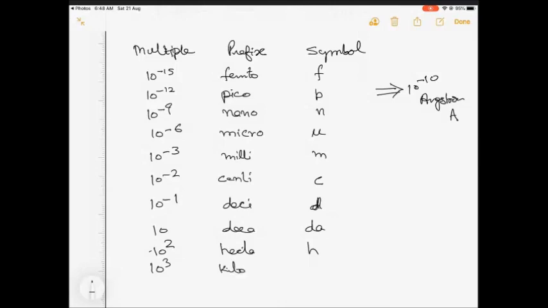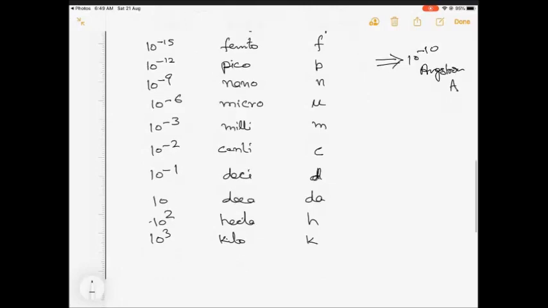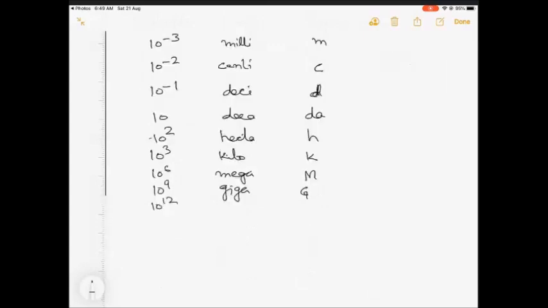Kilo is represented by K. Then 10 raised to the power 6 is mega, represented by capital M. Then 10 raised to the power 9, that is giga. Very large terms now, these are G. Then 10 raised to the power 12 means tera, T.